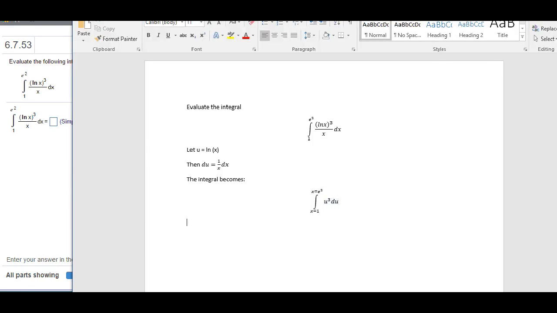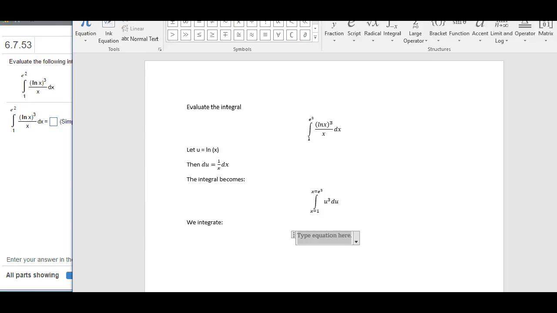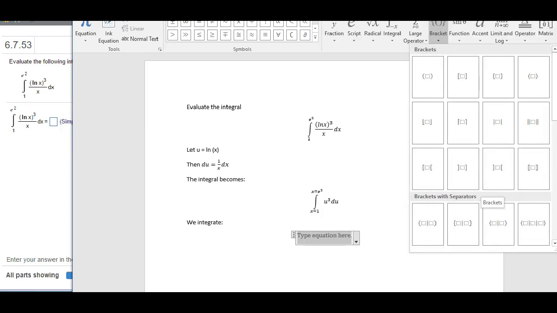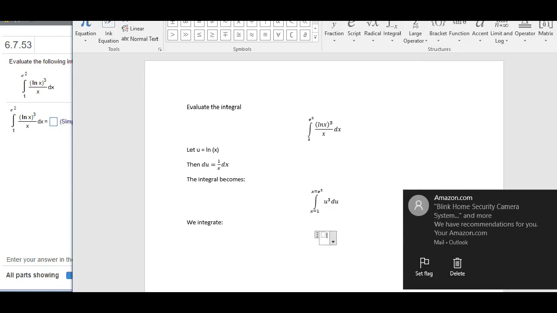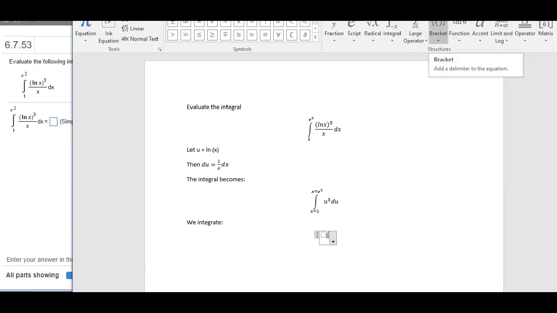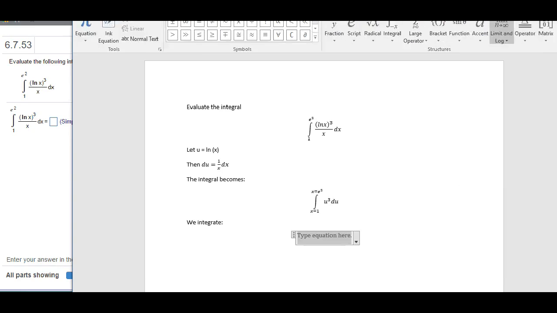All right, so now we're going to integrate. And so the u to the 4th over 4. I want to typeset something like this, where I've got a bar on the right-hand side. Insert equation.